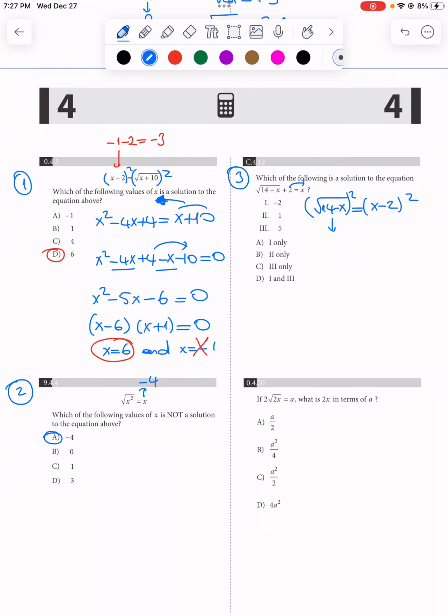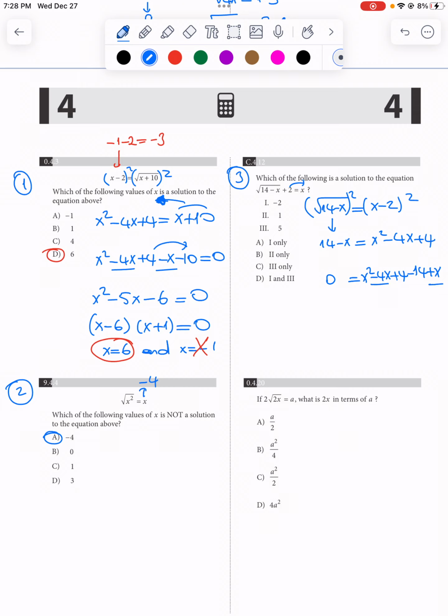I'll remove the radical sign on the left hand side. It'll be 14 minus x, and on the other side we have x squared minus 4x plus 4. I'll combine all the terms on the right hand side, so x squared minus 4x plus 4 minus 14 plus x is equal to 0. And I will combine the like terms.